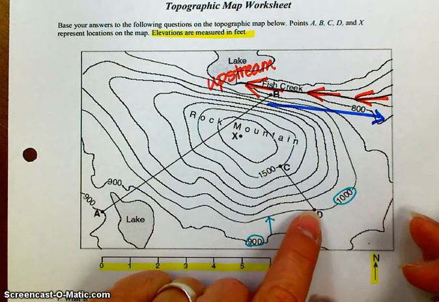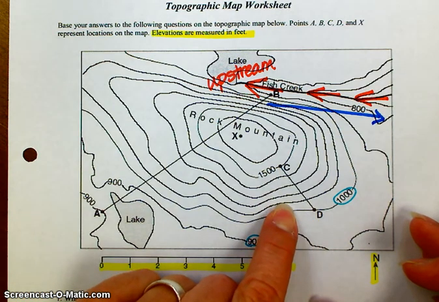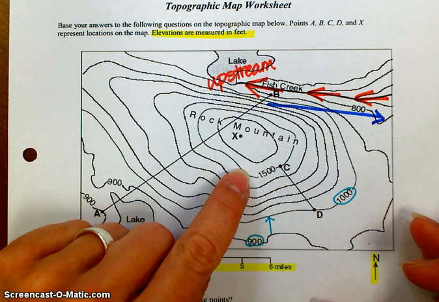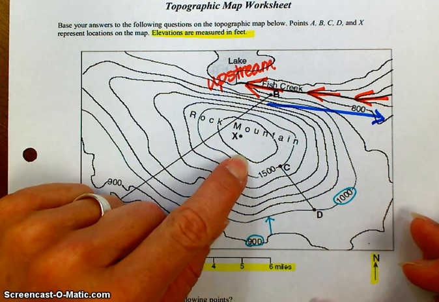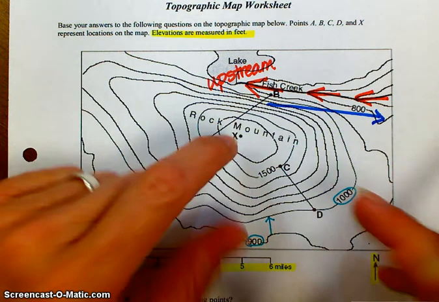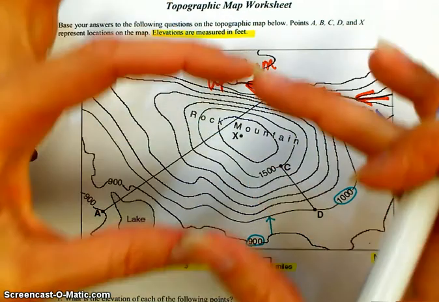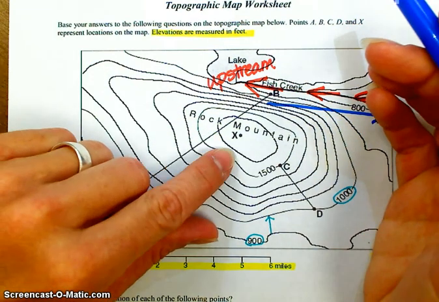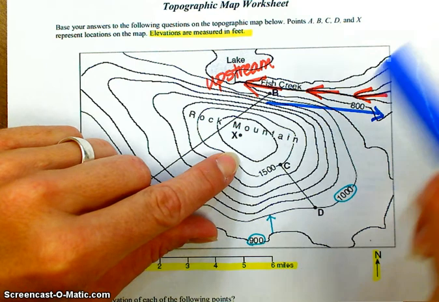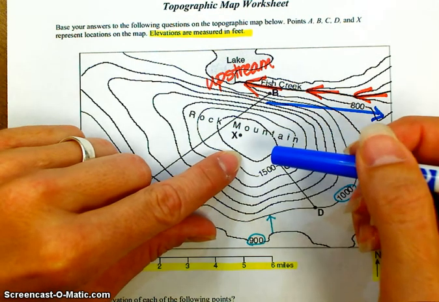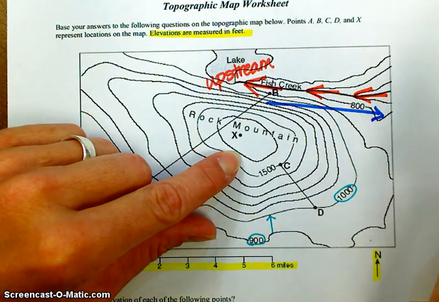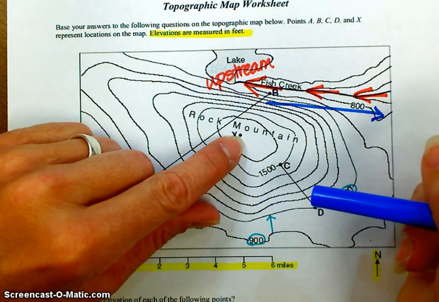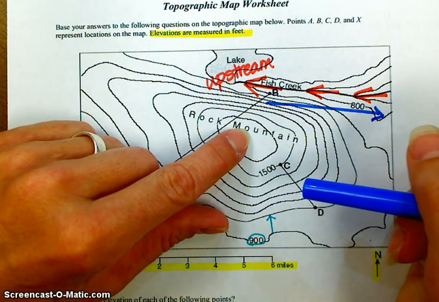All right, so this is 1,000. This has got to be 1,100, 1,200, 1,300, 1,400, 1,500, 1,600. But X is within that circle that represents 1,600. If it was exactly 1,600, the elevation, then it would be on the line. So I know it's not 1,600. I know it's more than 1,600 because it's inside the line.